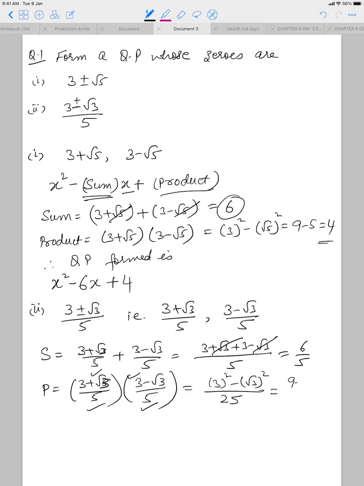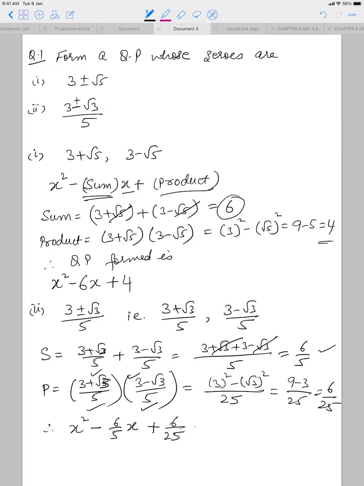That gives me 9 minus 3 upon 25, which is 6 upon 25. Therefore, by using the formula x square minus sum, which is equal to 6 by 5 into x plus the product 6 by 25.